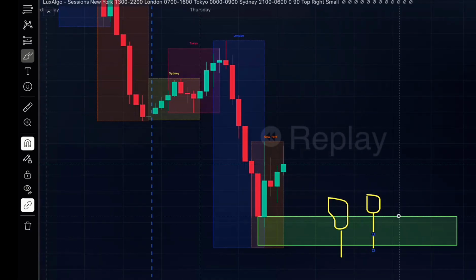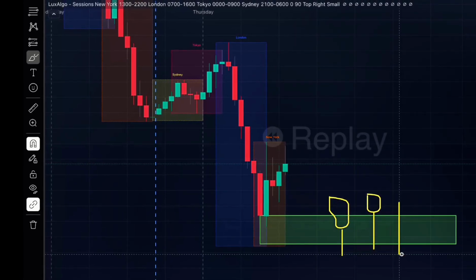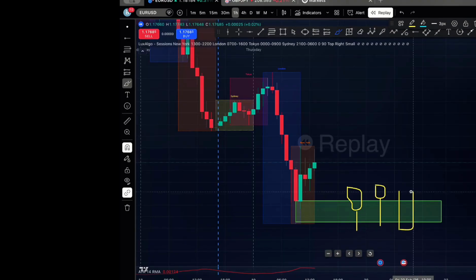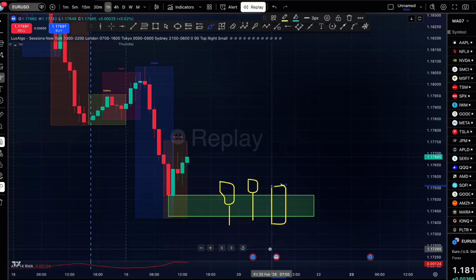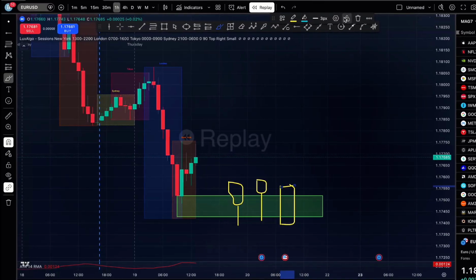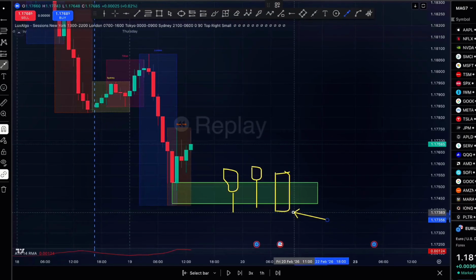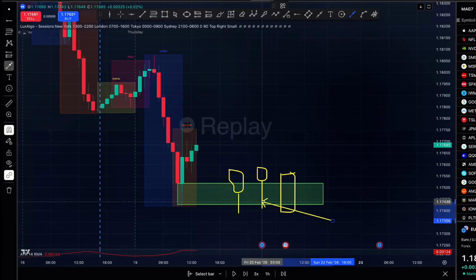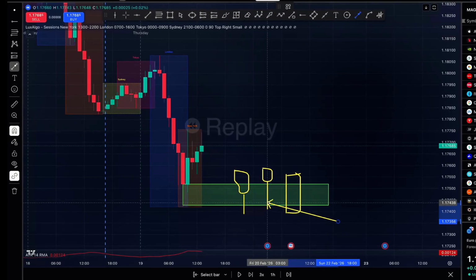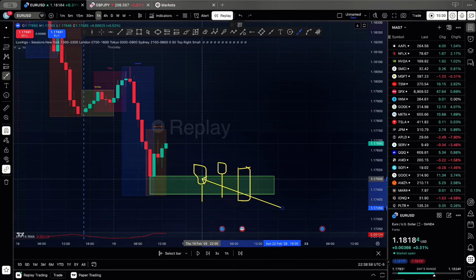But I don't want to see a candle that will close below the zone like this. If we have a candle that closes below this line here, it's invalid. Okay? But if we have a wick that goes inside the zone or below the zone, that's okay.